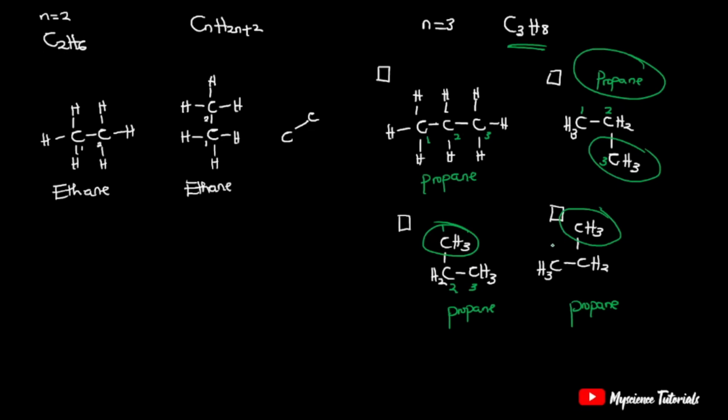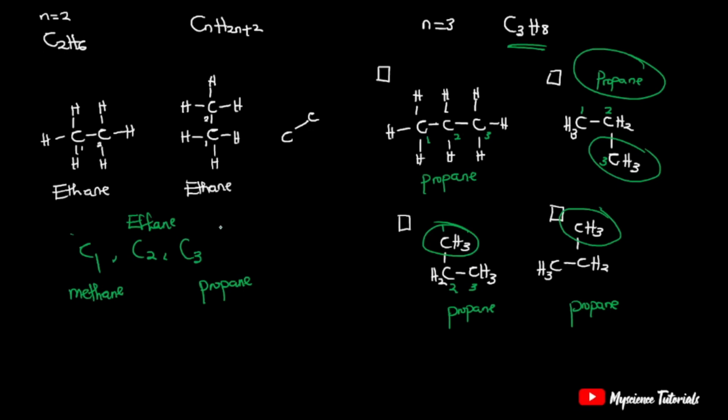This implies that alkanes with 1 carbon, alkanes with 2 carbons, and alkanes with 3 carbons, that is from methane, then ethane, and propane, are unambiguous and only have one possible structural isomer.